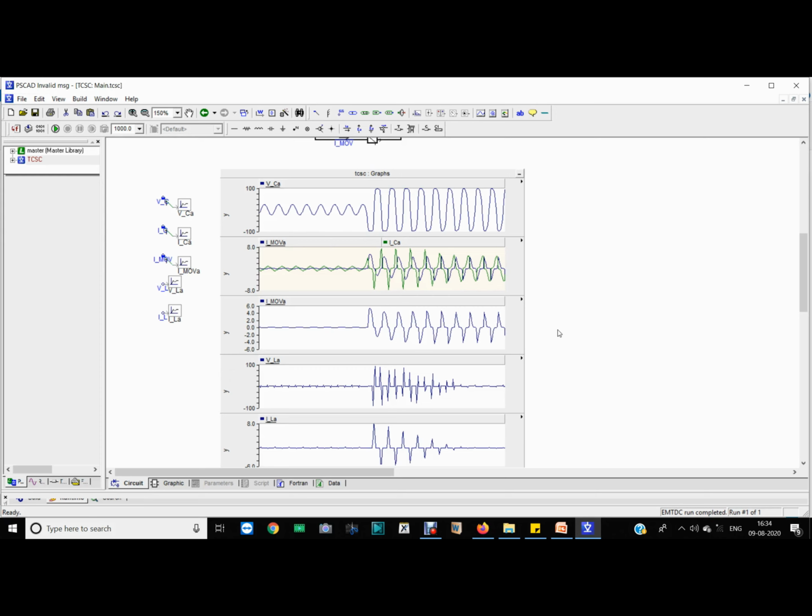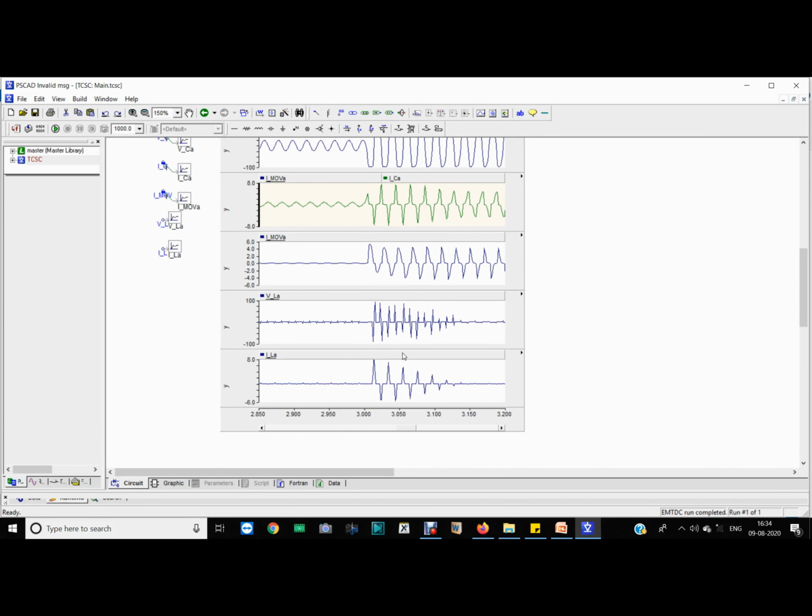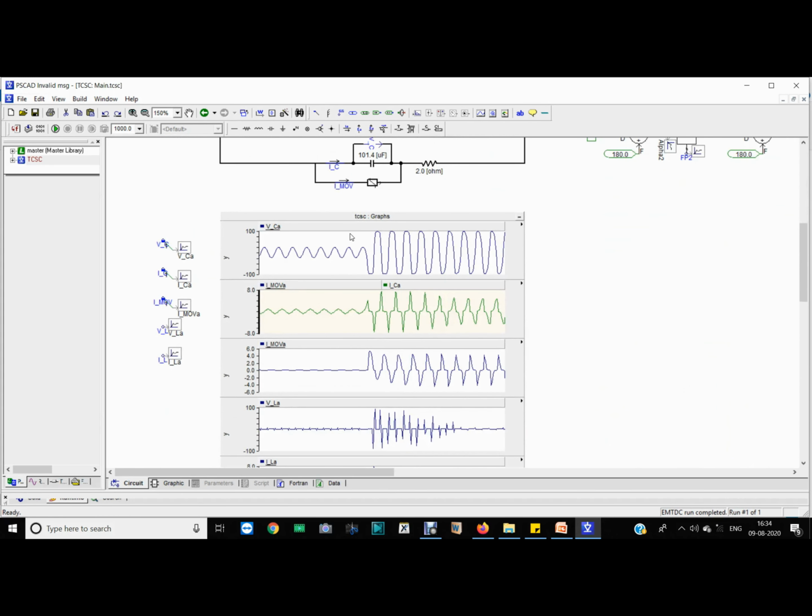Okay, but when we create a fault, some part of the line current is flowing through MOV and some part is flowing through the capacitor. So this is the inductive voltage and inductive current, and this voltage across the capacitor is a little like flat top, you can say.